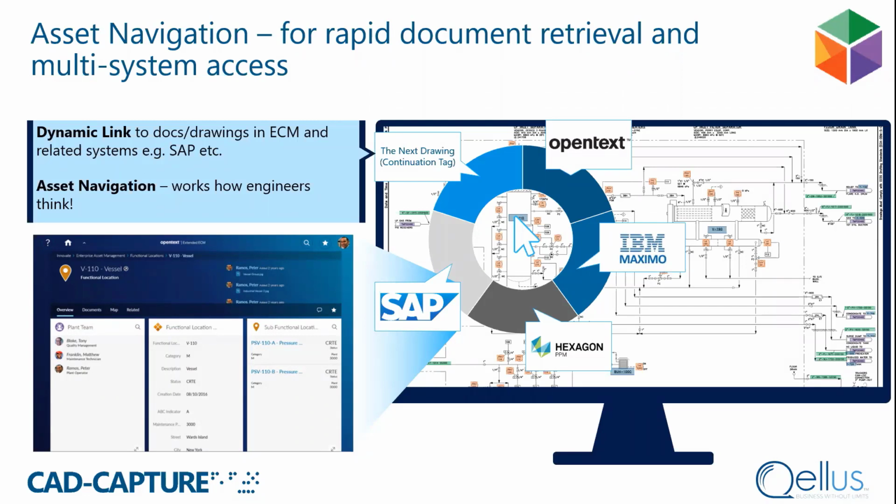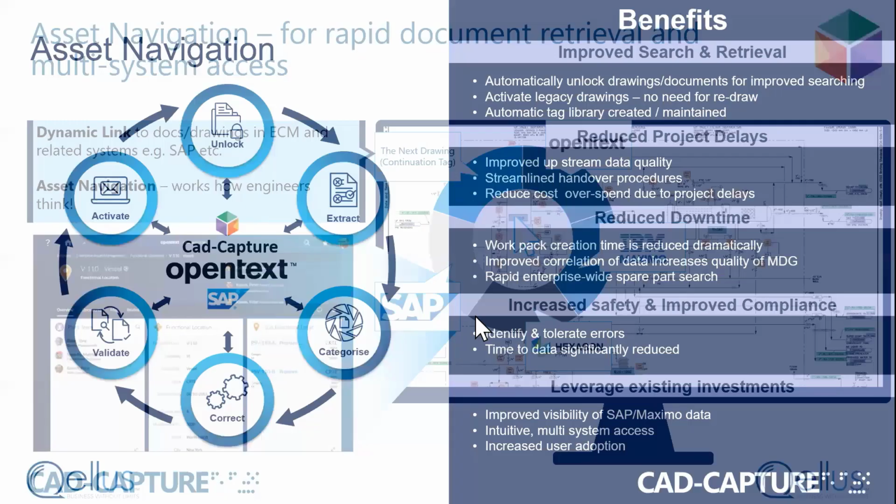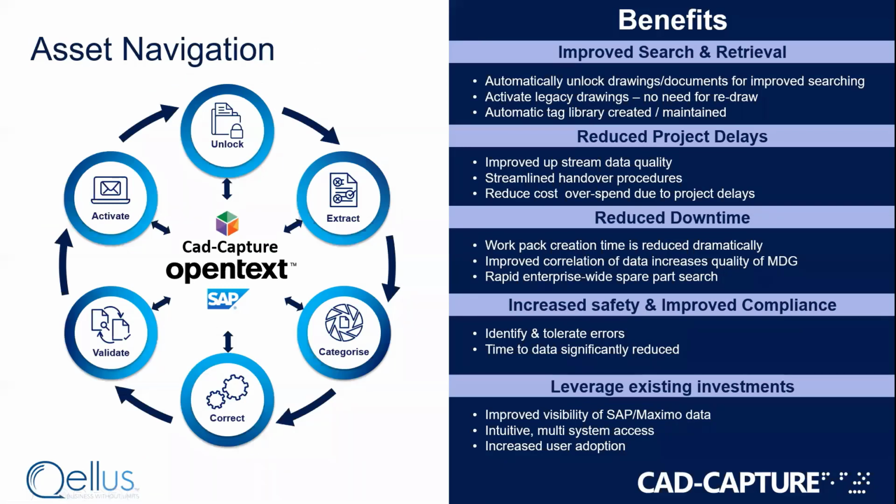So whether it's IBM Maximo, SAP, or another third-party system, the xECM framework and the ability to use the OpenText Content Suite or Documentum at the back end as the managed repository can be invaluable. In terms of benefits, we showed you improved search and retrieval, reduced project delays, reduced downtime, increased safety, improved compliance, and last but by no means least, leveraging those existing investments.